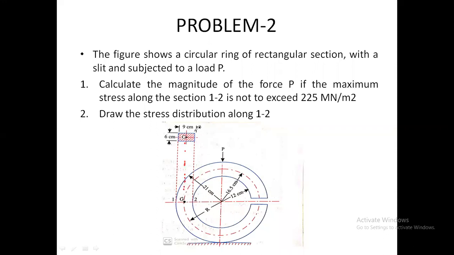The cross section is 9 cm by 6 cm. Earlier we did a semicircle kind of thing; this is a completely circular one.